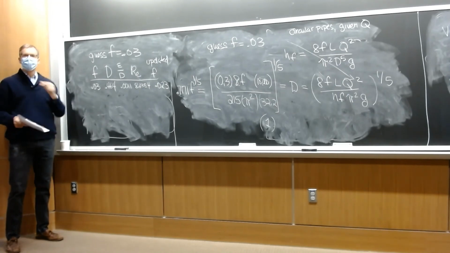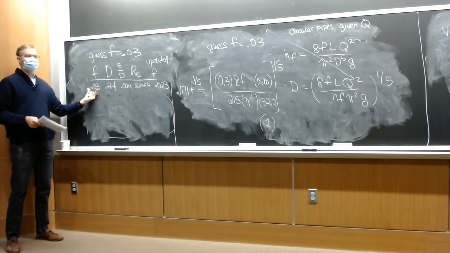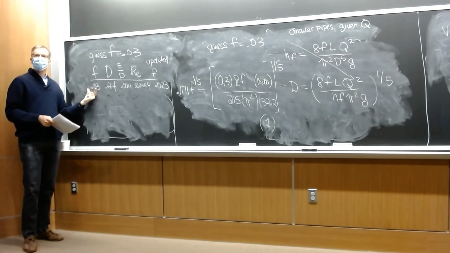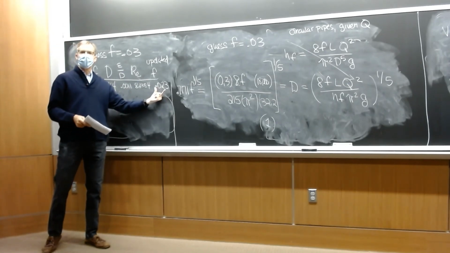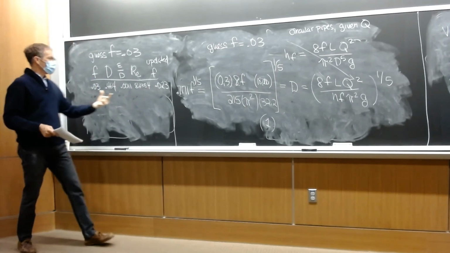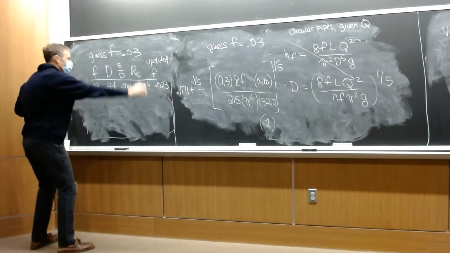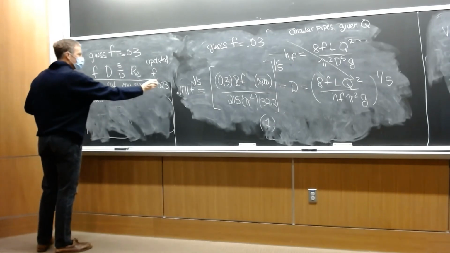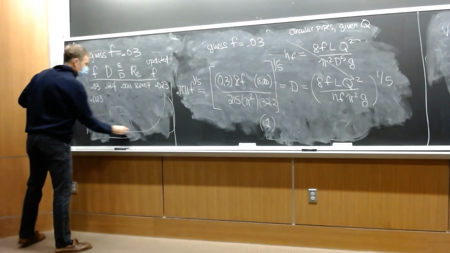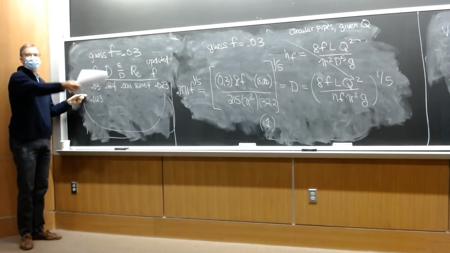Why do you know? Because this is where we started with. We guessed initially 0.03. We'd have been able to quit if our updated F was close to 0.03. And so the fact that they're not that close to one another means we do have to iterate again. So we take this F and it becomes the next F, and then we run through the process again.